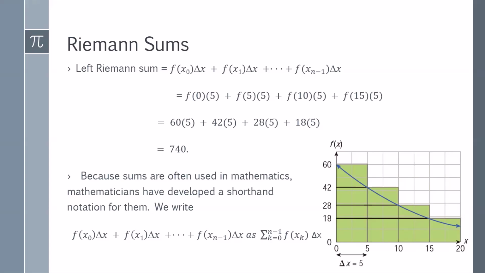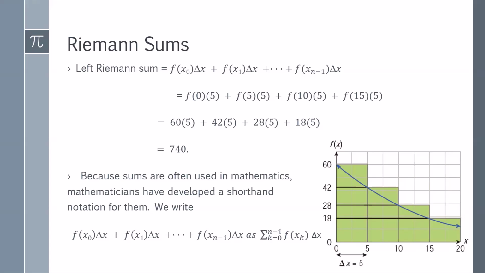And so our left Riemann sum is f of x0 times 5 plus f of 5 times 5 plus f of 10 times 5 plus f of 15 times 5. So that's 60 times 5 plus 42 times 5 plus 28 times 5 plus 18 times 5. These are all sort of close enough based on our diagram. So this has area 740. Again, this is an overestimate, but all we're looking for is an estimate.